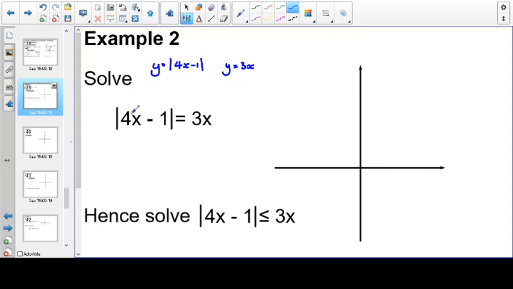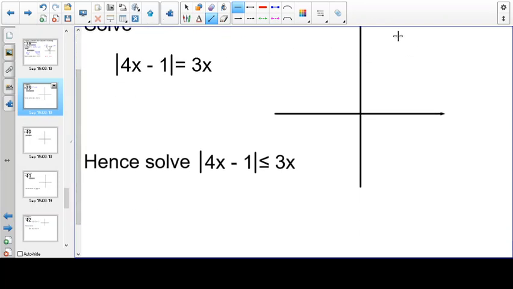So that on your sketch has to be a steeper line than this one. Otherwise you might end up with, on your graph, looking like you've got more solutions or fewer solutions than you've got.